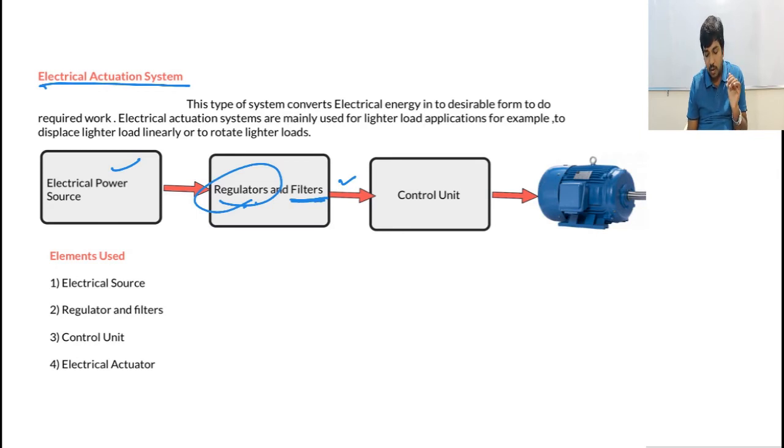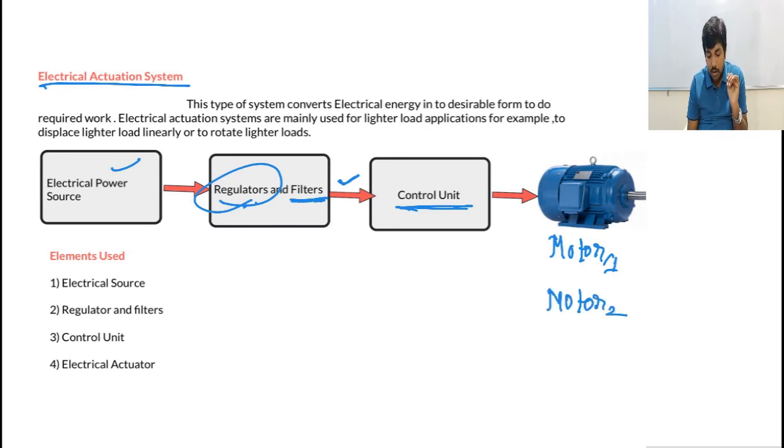And then, as usual, we have a control unit here. The control unit can either be programmed or manually operated. Let me say this is motor 1 here and then motor 2 here; like that you might have 2 to 3 motors.